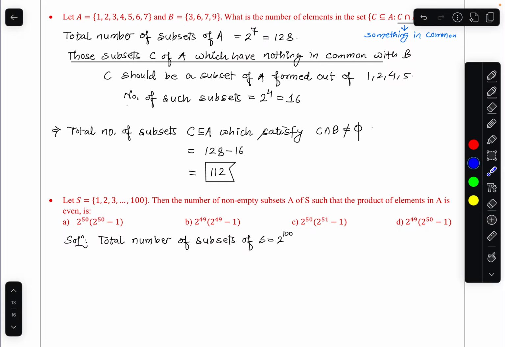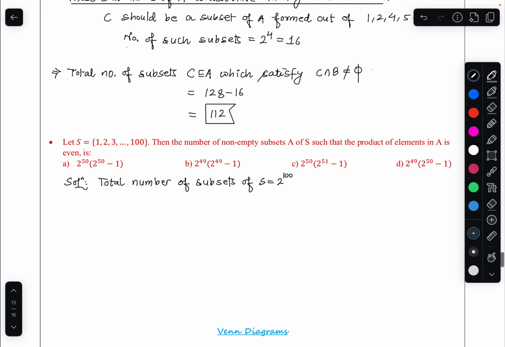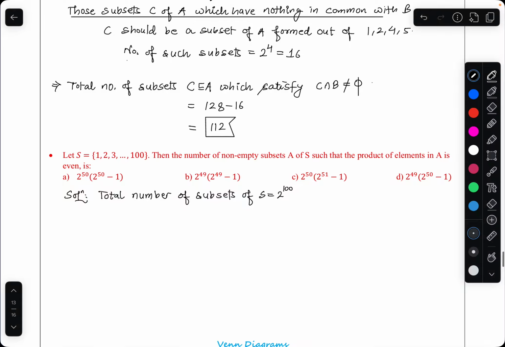Now, what I am looking for are those subsets of S in which the product of elements is even. So instead of finding the sets which have an even product, let me find the sets which have an odd product first. The number of subsets of S in which the product is odd.